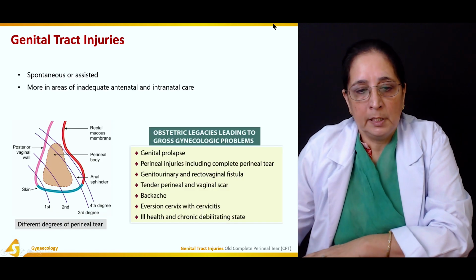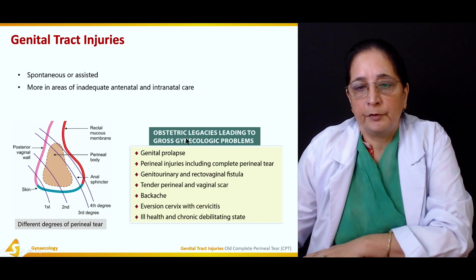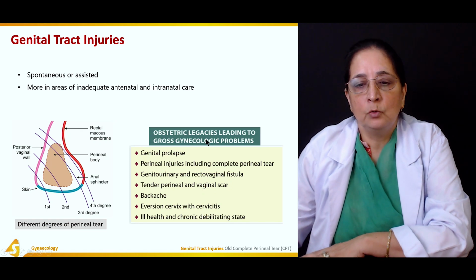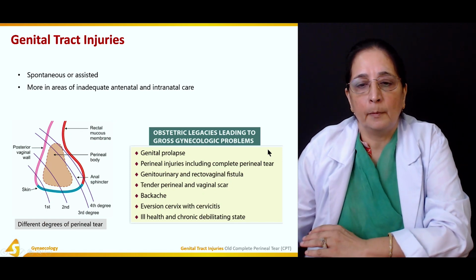So here, if you see, we have the obstetric legacies which lead to gross gynecological problems.